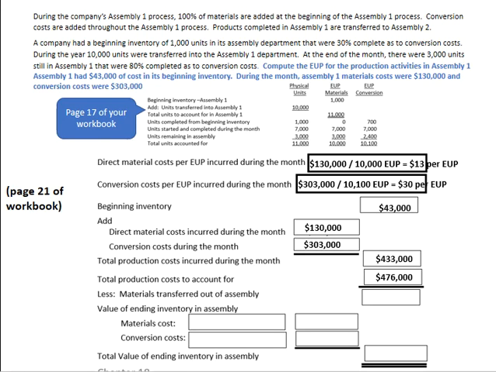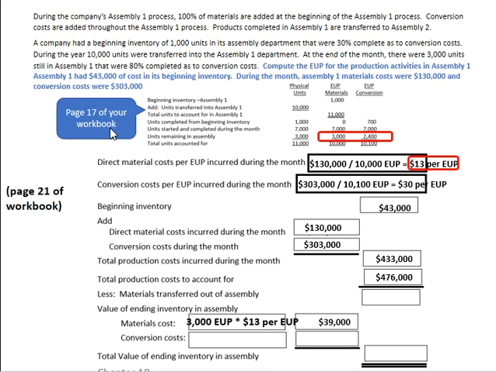That means the total production costs that we need to account for now are $476,000. Now again, remember the X that I'm going to have to solve for is the materials transferred out of assembly. So I'm going to calculate the value of my ending inventory in assembly. I want to calculate the value of the materials cost.